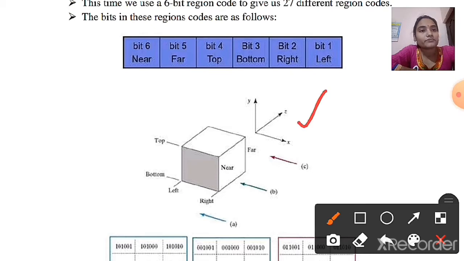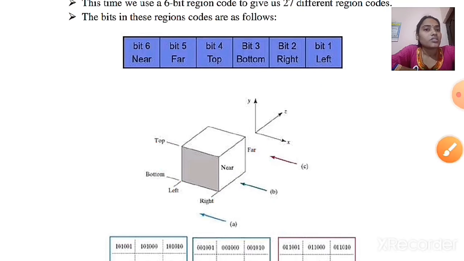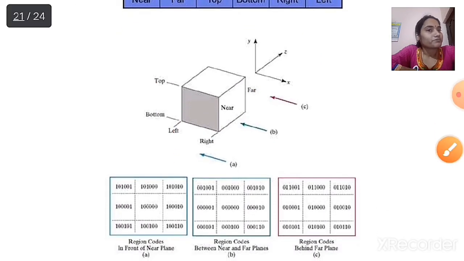This one is right, this one is left. This one is bottom, this one is top. And this part is near, this part is far. So in this way the image is divided into different regions.